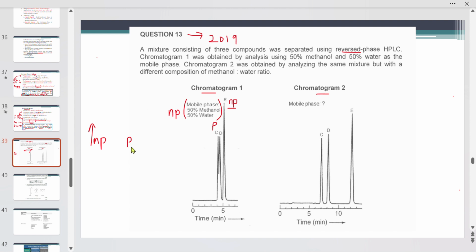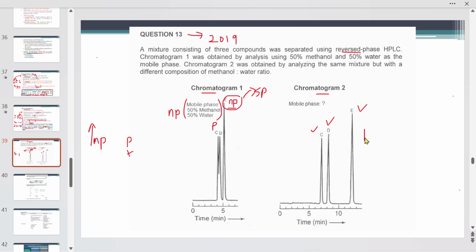So when you increase the mobile phase polarity, the non-polar analyte does not want to follow the mobile phase. It will not follow, and will retain in the stationary phase. So when it retains in the stationary phase, it allows the polar component to move first. It will come out first, followed by the intermediate, and then finally the non-polar one comes out.